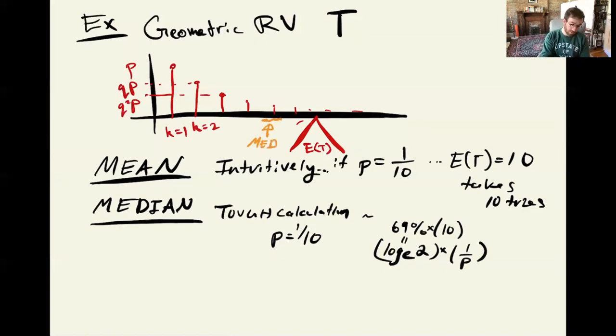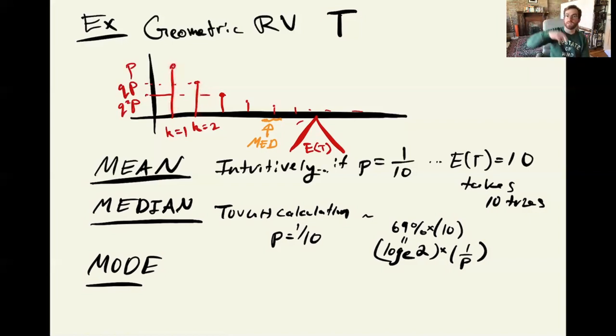And what about the mode? Well, the mode was the most probable outcome. So just looking at this picture, what's the most probable outcome? Meaning, what has the highest probability as I scan through my possible values for K? Well, remember, these spikes are supposed to indicate the probability.